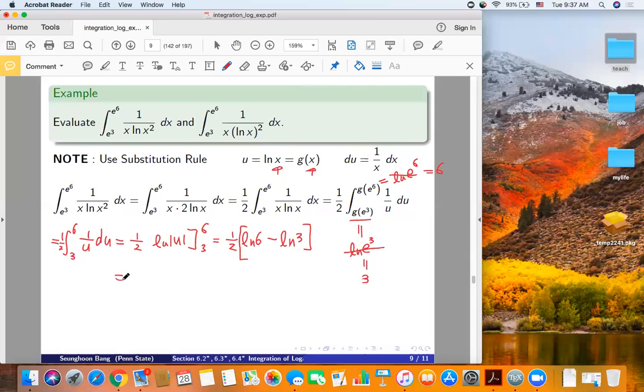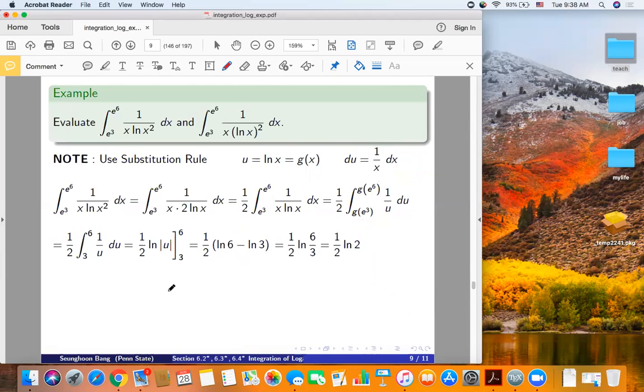Do you know this one? ln of x minus ln of y equals ln of x over y. So we have 1 over 2 ln of 6 over 3, which is 1 over 2 ln of 2. This is the whole idea for solving this problem.